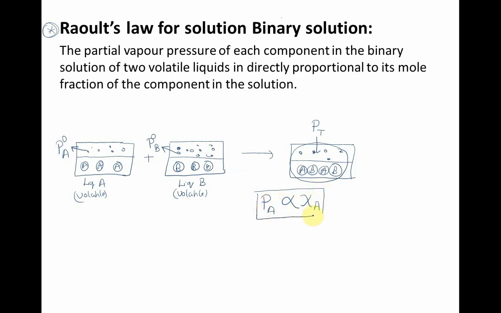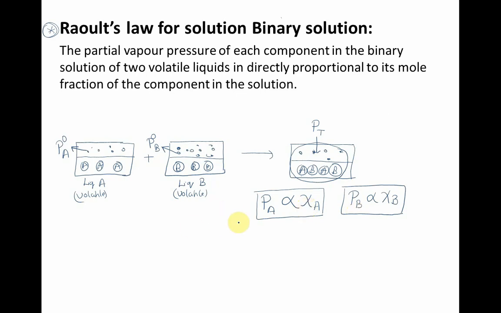With respect to B, I can write PB is directly proportional to the mole fraction of B. Or, very simply, in a solution of volatile liquids, the partial vapor pressure of each component is directly proportional to its mole fraction.